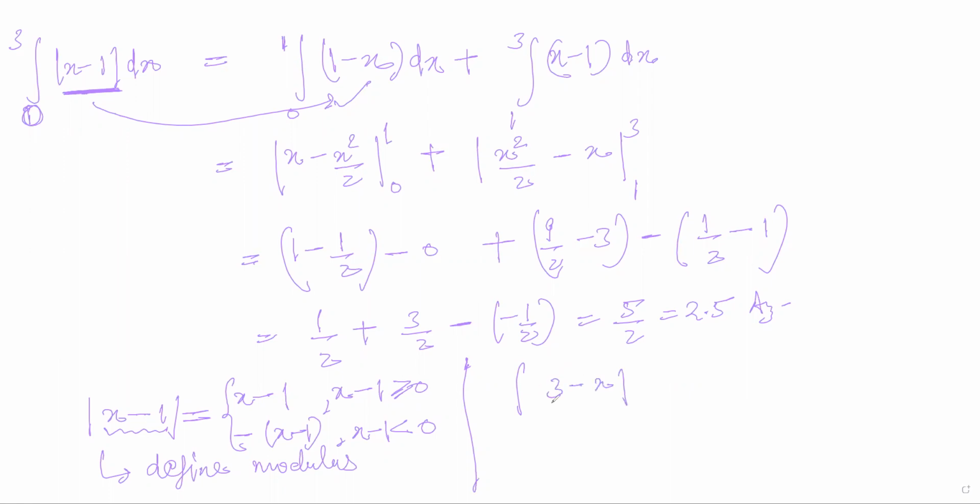But if you understood this, just solve this for me. Mod of 3 minus x dx, and you need to integrate this from 2 to 4. What's the answer? Solve this.